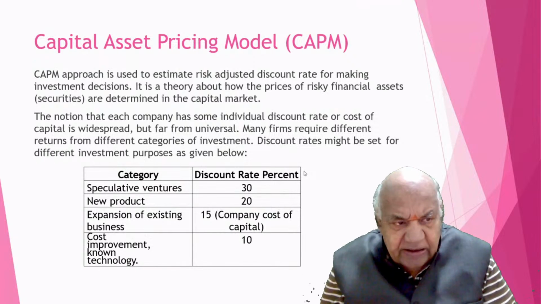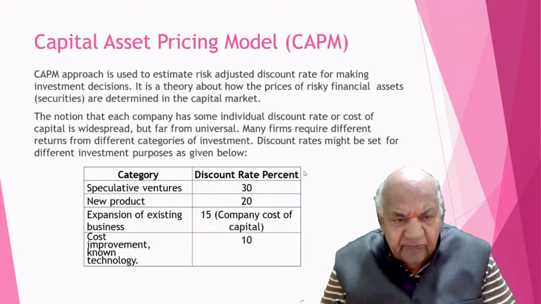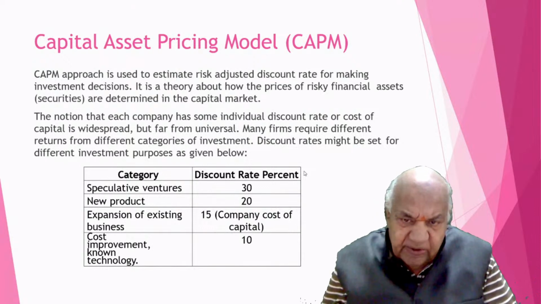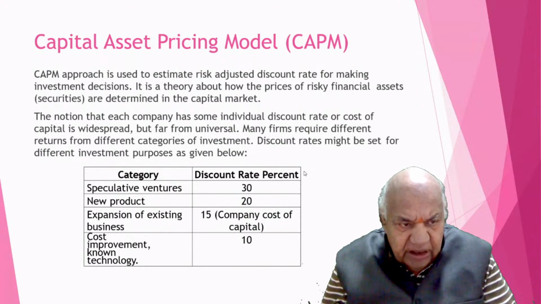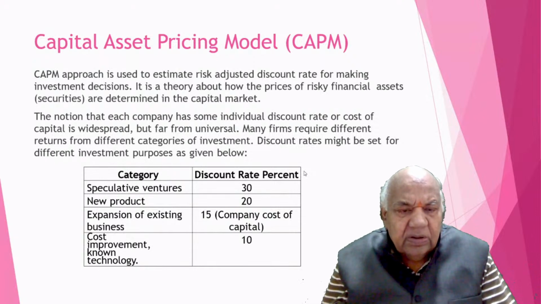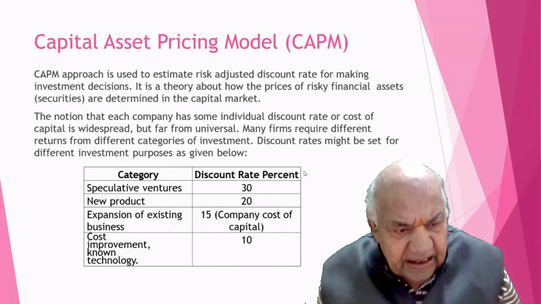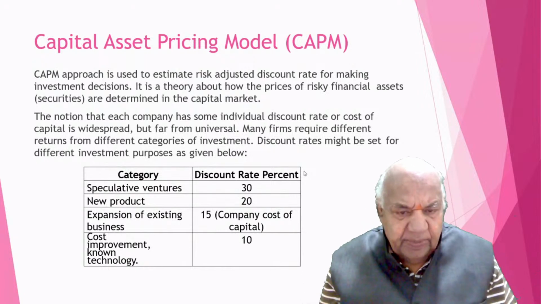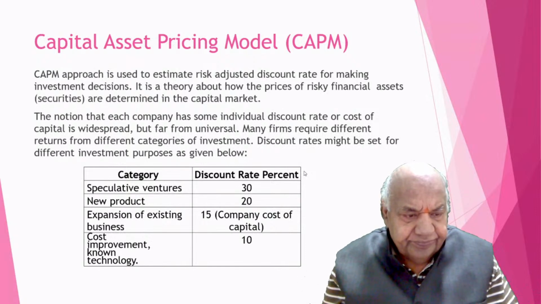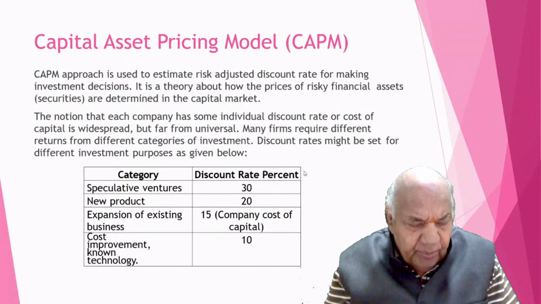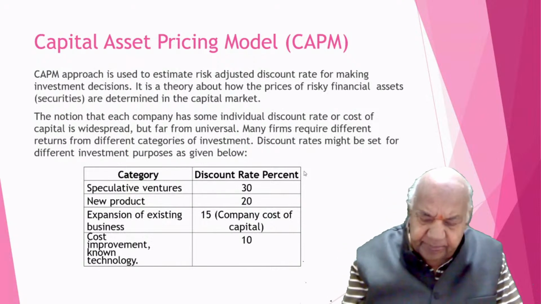Many firms require different returns from different categories of investment. Discount rates might be set for different investment purposes as given below: speculative ventures 30%, new product 20%, expansion of existing business 15% or company cost of capital, cost improvement, known technology 10%.